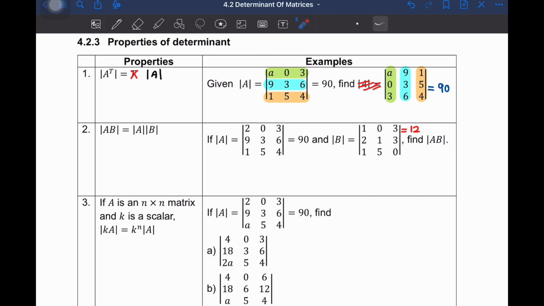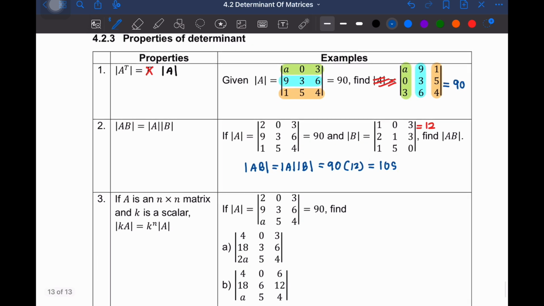We are asked to find the determinant of AB. It's easy. Our formula is the determinant of A times B is equal to determinant A times determinant B. So that means 90 times 12, which gives us 1080.